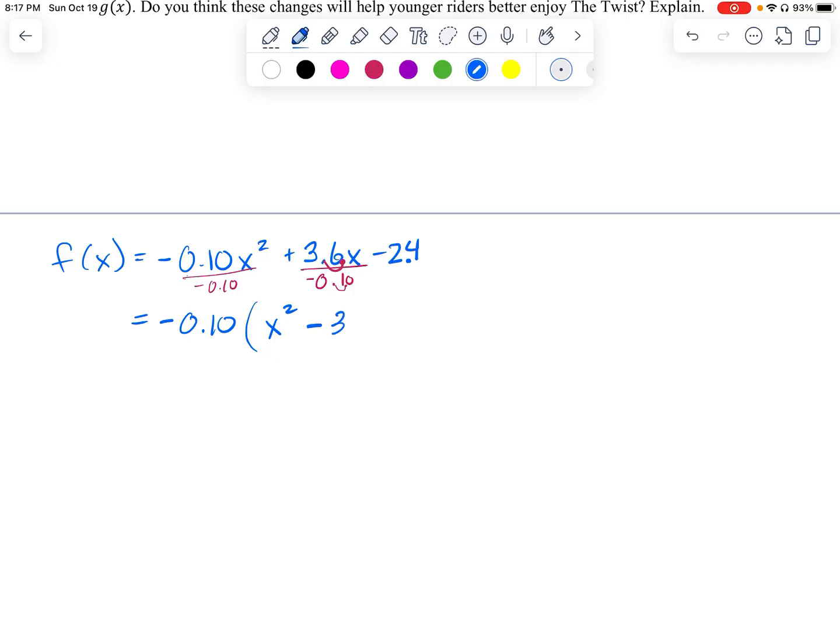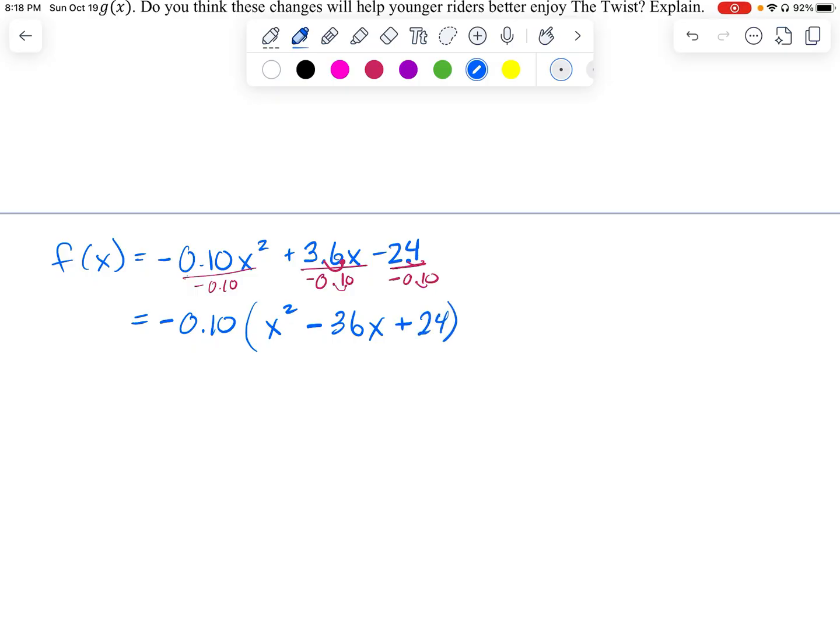That gives me negative 36x in my second term. Same idea for the last term of 2.4. I'm dividing by a negative, so that makes this third term positive, and dividing by 0.10 means moving the decimal over 1, and I get 24.